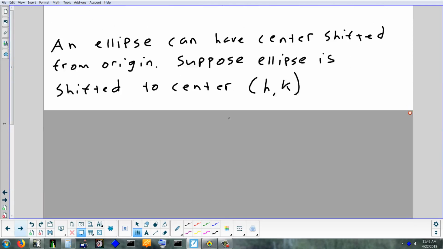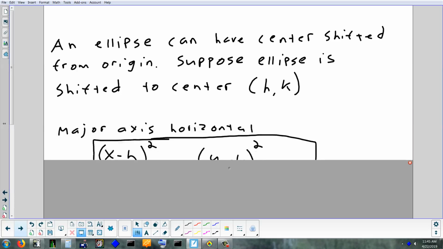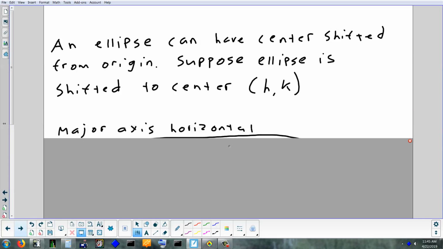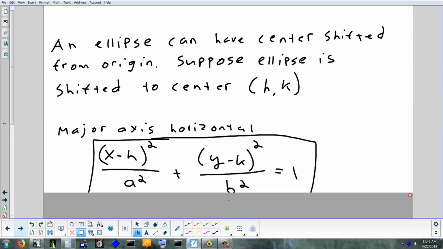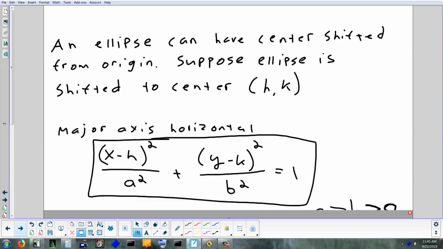All right, so the final version of an ellipse can have the center shifted. The coordinates, or the letters that we use to describe the coordinates of the center, are h, k. So you're going to see exactly the same equation you just had, except next to the x and the y, you're going to see a minus h and a minus k.